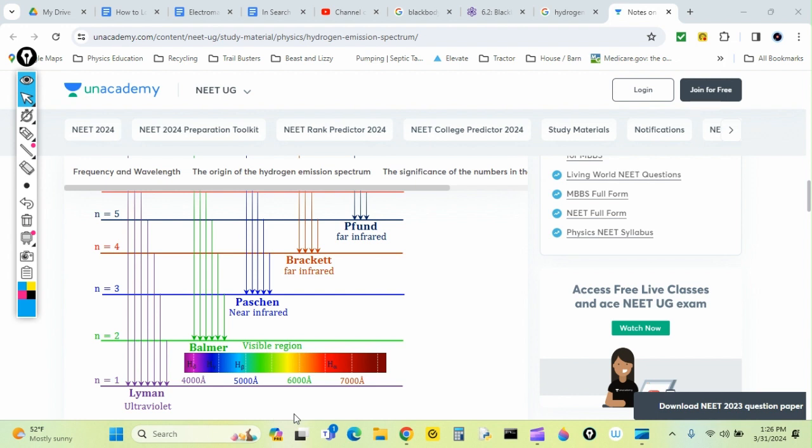What I'm going to do is first start with this section down here, which is ultraviolet electromagnetic radiation. This n=1 represents the lowest energy level of the hydrogen atom.